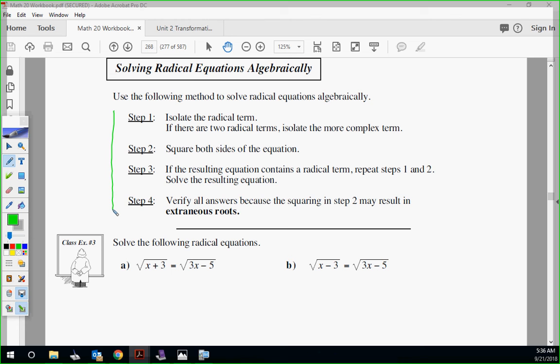So definitely get this down. Your first step, you need to get that radical term alone. We'll talk about 2 radical terms next class. After you get it alone, we're going to square both sides to get rid of the radical. And then from there, you're just solving, maybe by factoring, maybe just a regular solve.